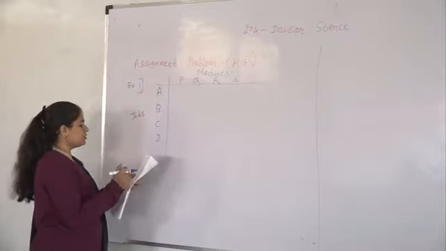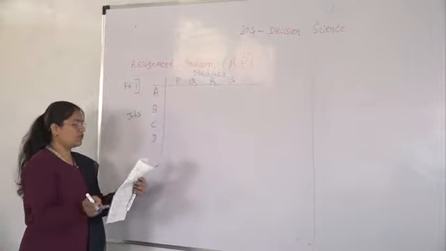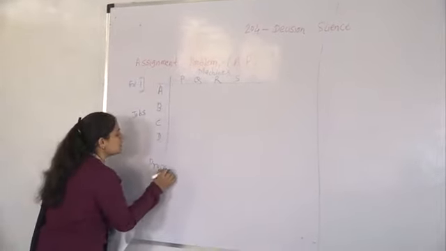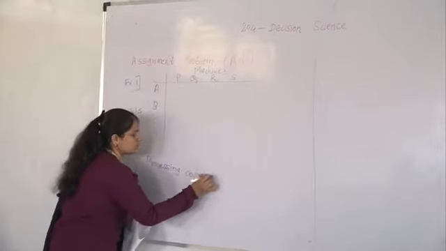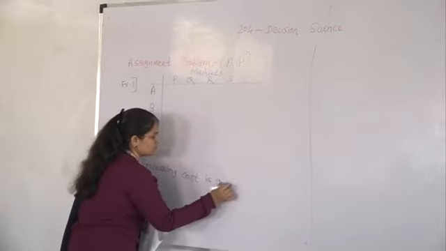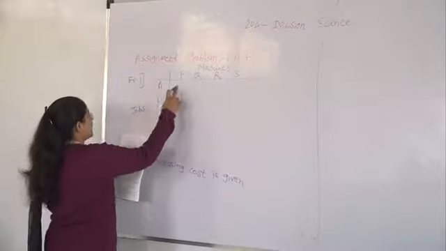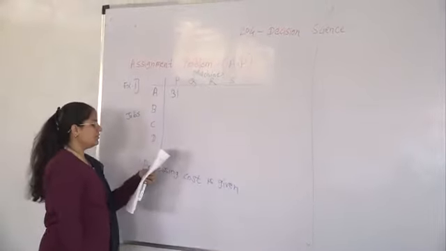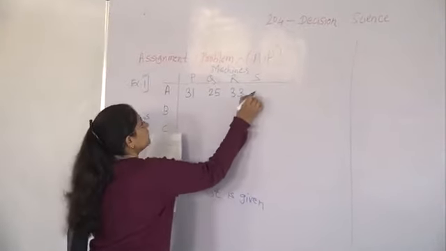The processing cost of each machine for each job is given. So for job A and machine P, the processing cost is 31.